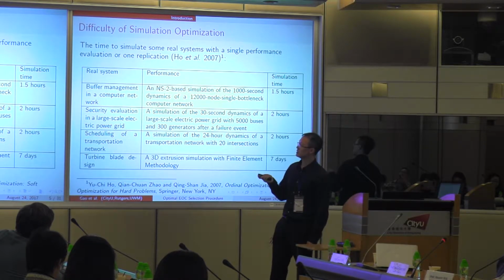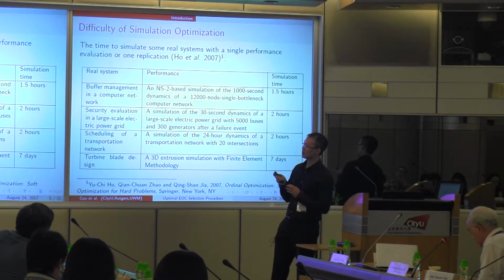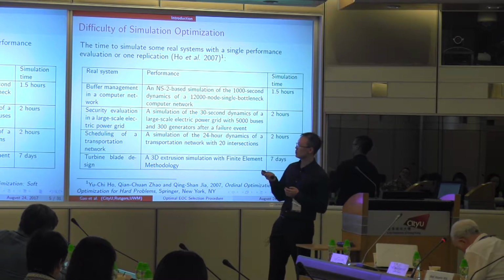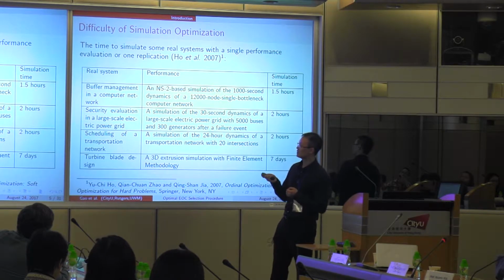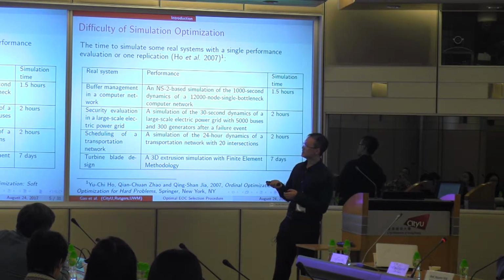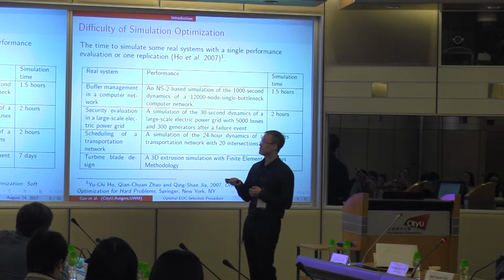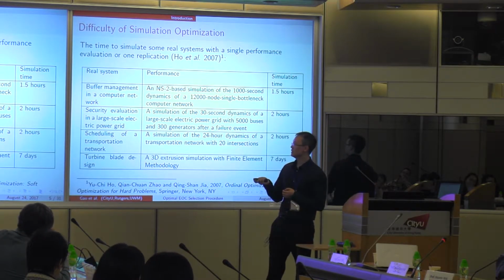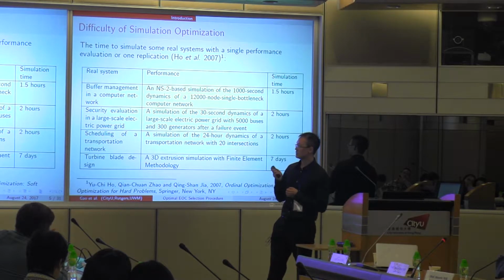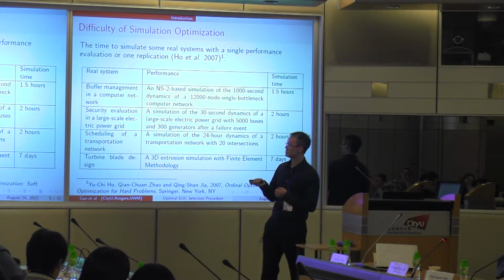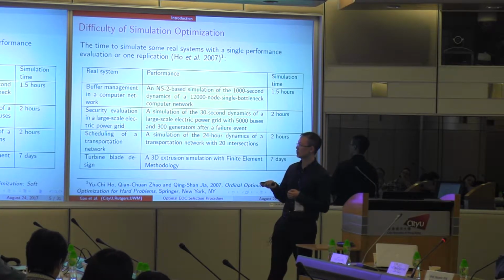The second system is a large-scale electric power grid, and one simulation run of 30 seconds of its dynamics after a failure event takes 2 hours. For a transportation network, one simulation of its 24-hour dynamics needs 2 hours. And the last is turbine blade design, where performing a 3D extrusion simulation with the finite element method needs 7 days.